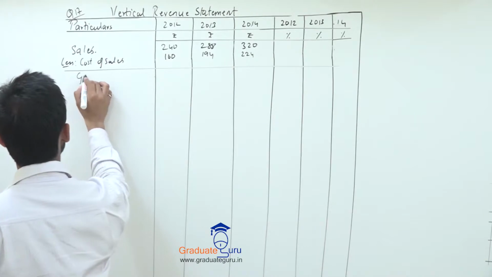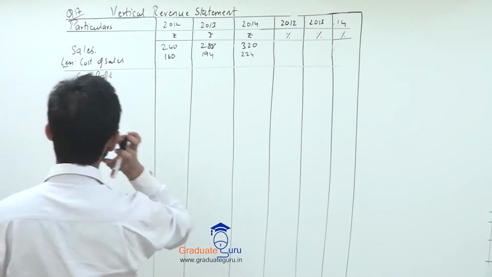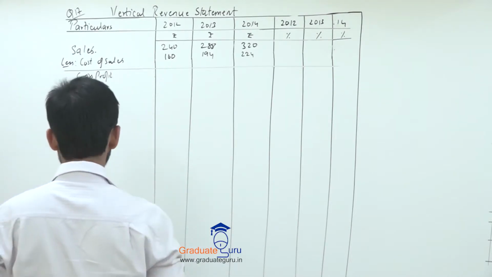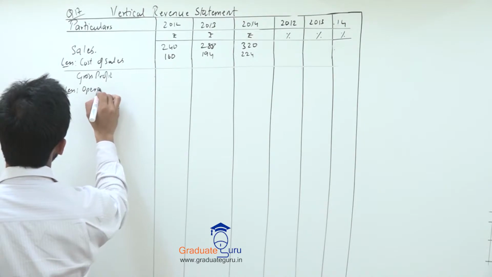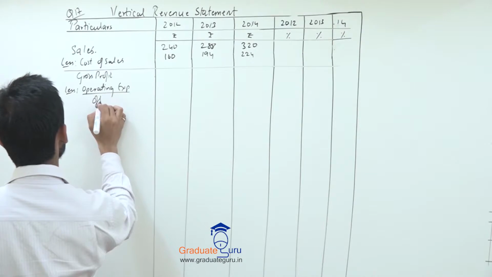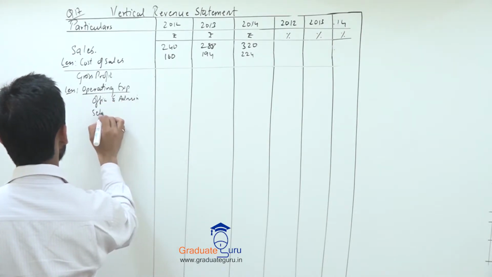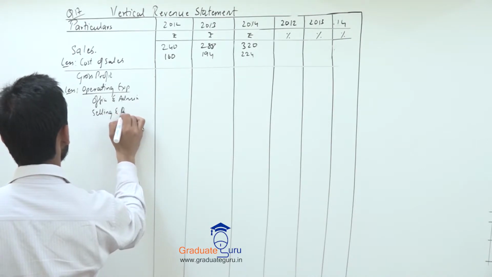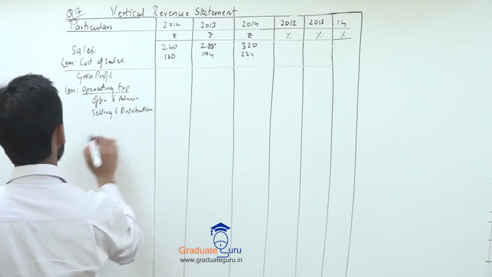Then you get gross profit. Subtract it, get the answer. Then you subtract the operating expenses. In that you have office and admin, you have selling and distribution, only these two you are having.